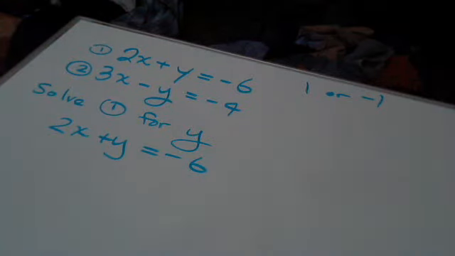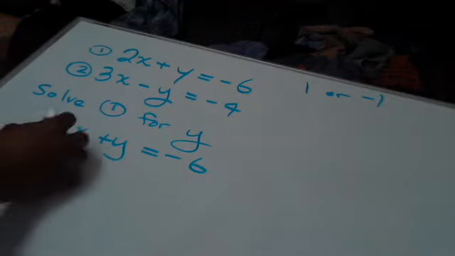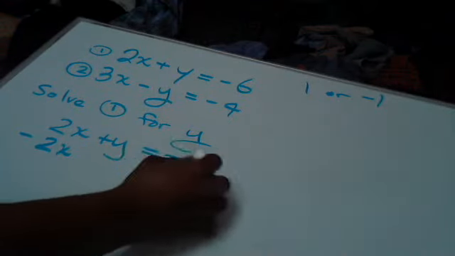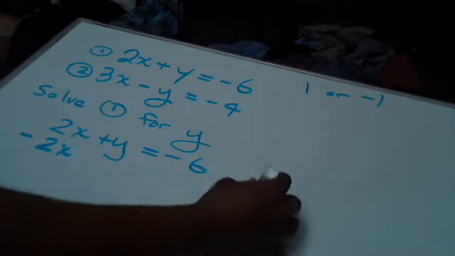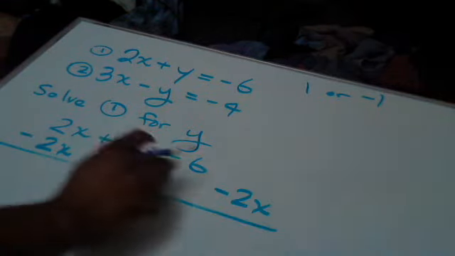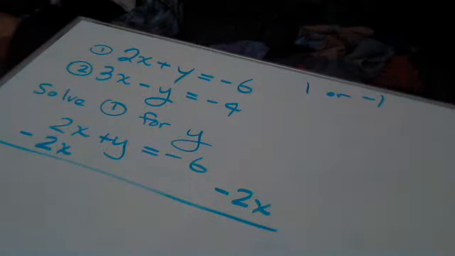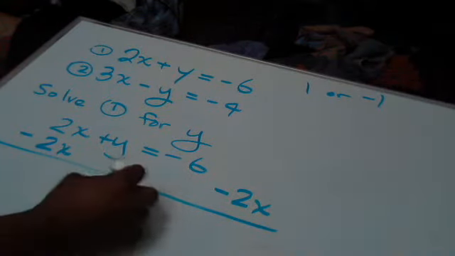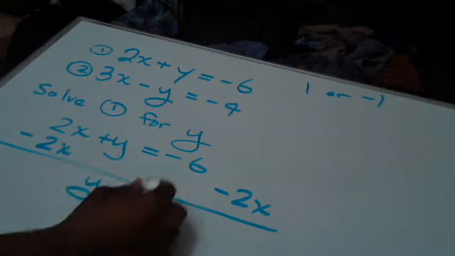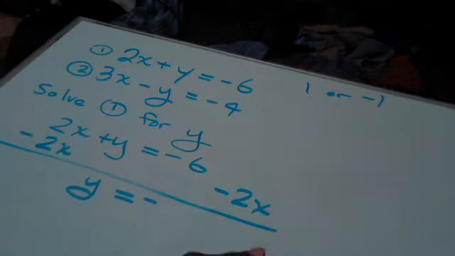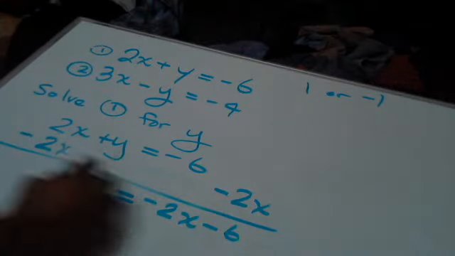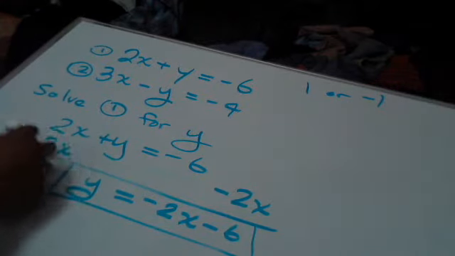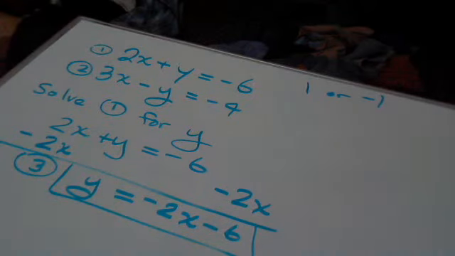Now I'm going to need to solve that for y. I'm going to subtract 2x from both sides. And I'm going to offset it a little bit because this minus 2x and this minus 6 are not like terms. What we'll get on the left-hand side, y is equal to, on the right-hand side, I'm going to lead with the x term. Negative 2x minus 6. That's an important result. So important, I'm going to call this result number 3.